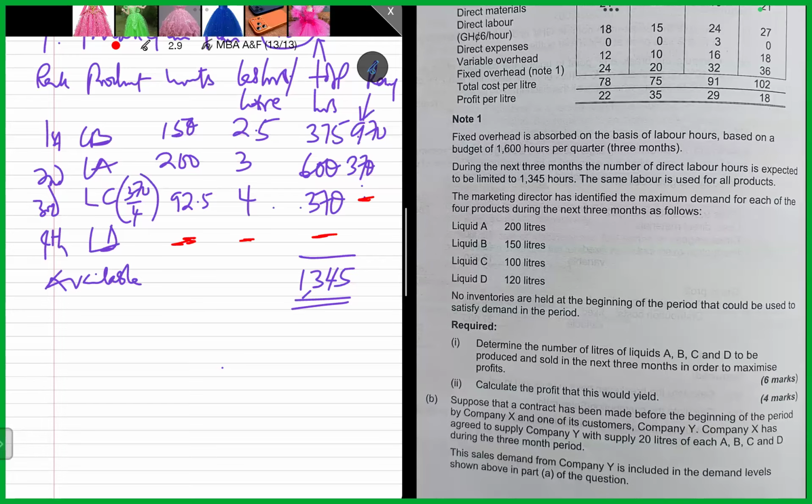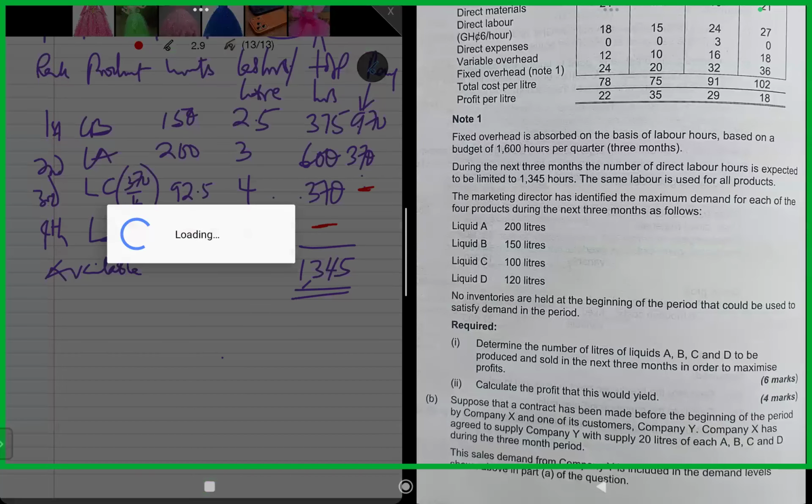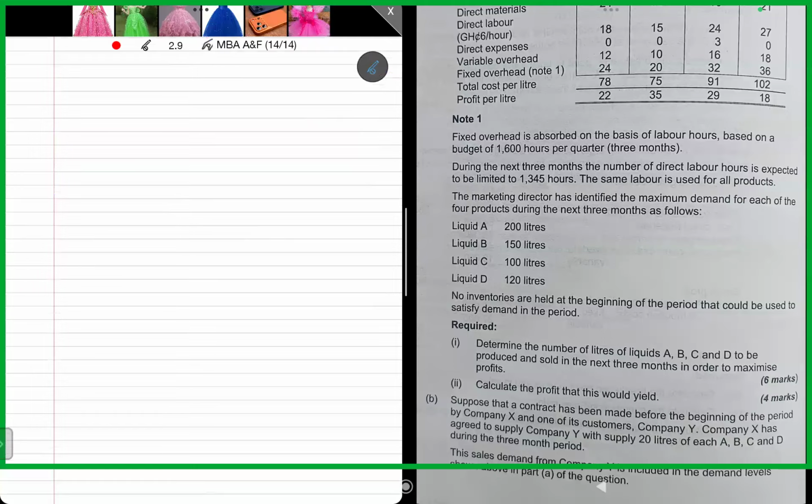Good. So let's go. That's the next one. It's the profit statement. It says calculate the profit. So we go to II, profit statements. Now, whenever I want to find a profit, we are considering those products which we are going to produce, because they will bring us the profits.